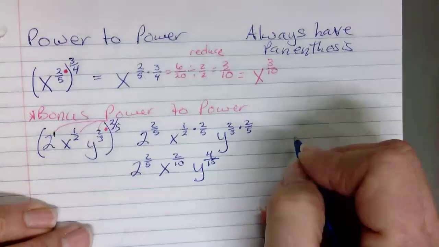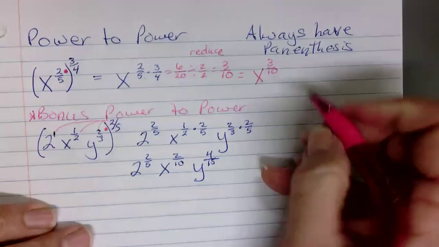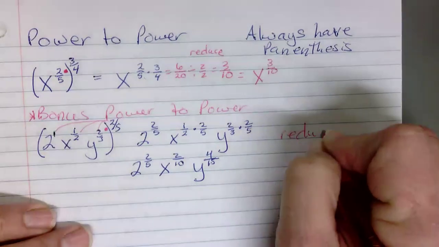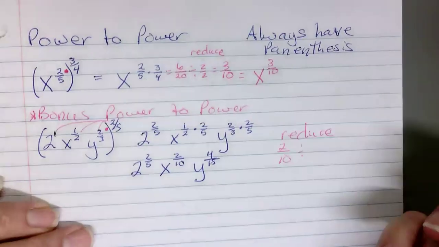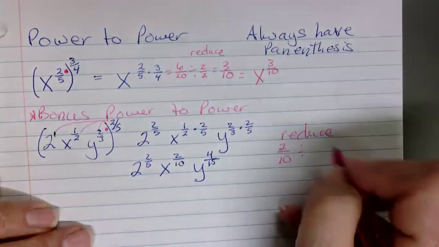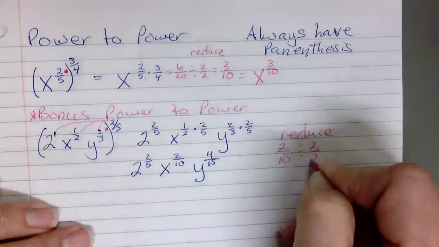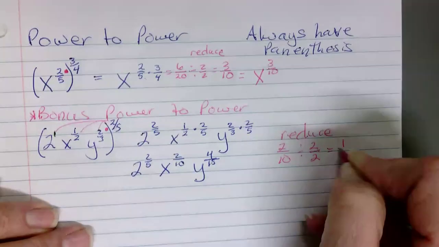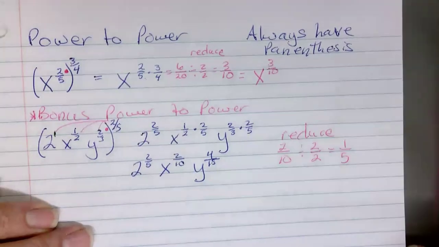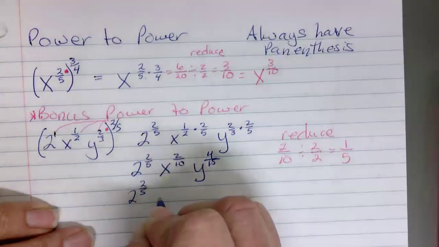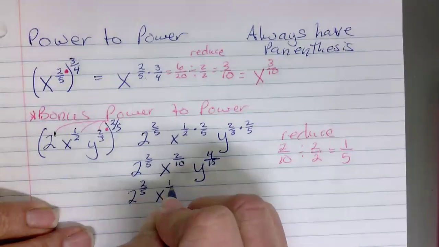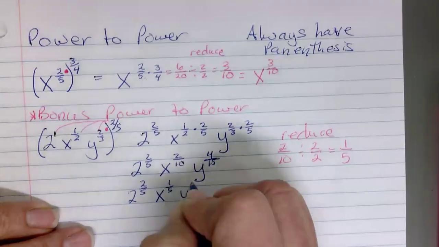I'm going to reduce the 2/10 off to the side here just for space. They're both even, so we can divide by 2/2, and that'll give us 1/5. So our final answer is 2 to the 2/5, x to the 1/5, y to the 4/15.